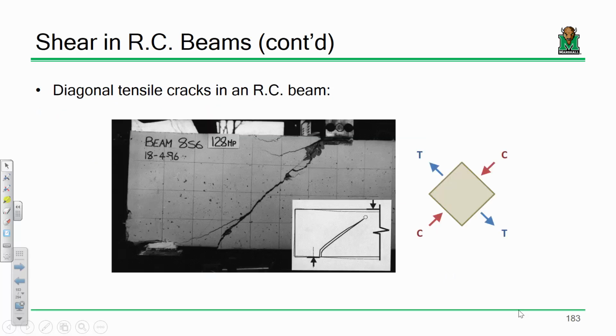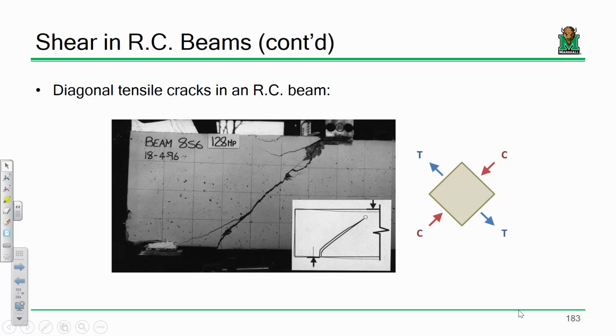Here's what happens when a concrete beam is subjected to pure shear. It fails like this. Why does it fail like this? Well, this angle is 45 degrees. At this section, again, this is the ninja chop way of looking at the section. What happens? I have tension this way. The beam is wanting to open up in this direction.